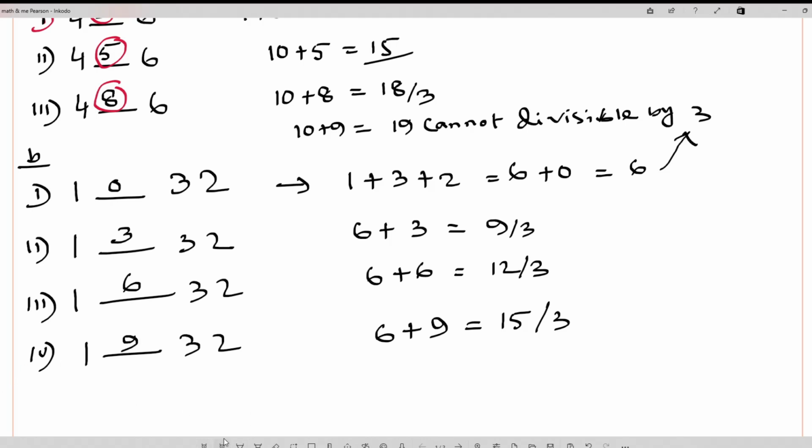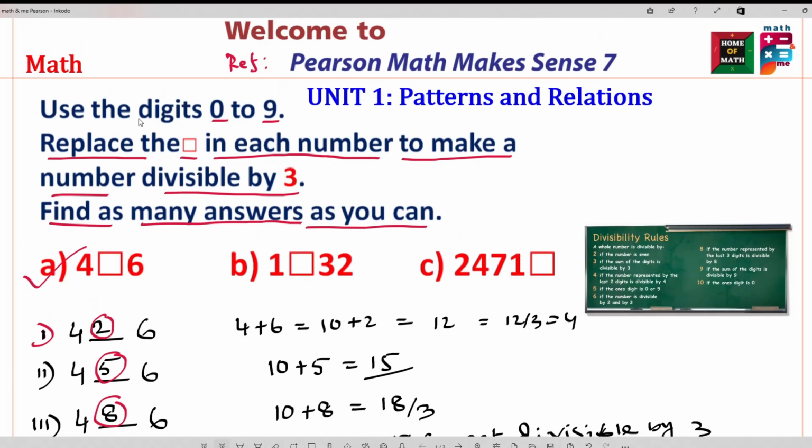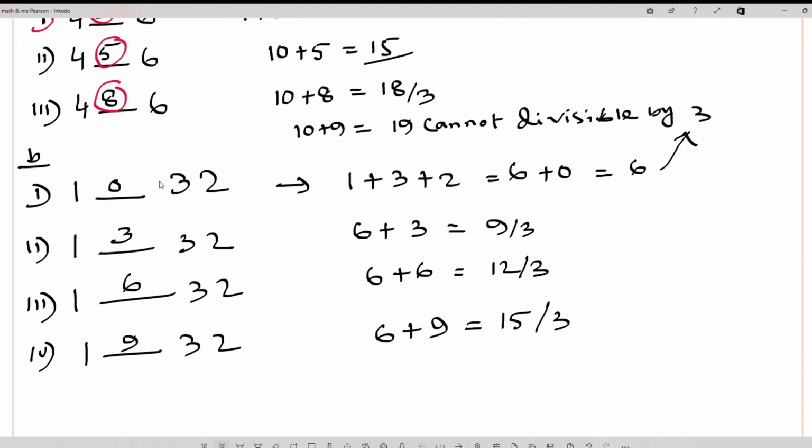So look, our question was use the digits 0 to 9. So we already used 0, 3, 6, 9. But if we add another number like 2, the sum is 6, and 6 plus 2 equals 8, 8 cannot be divisible by 3.